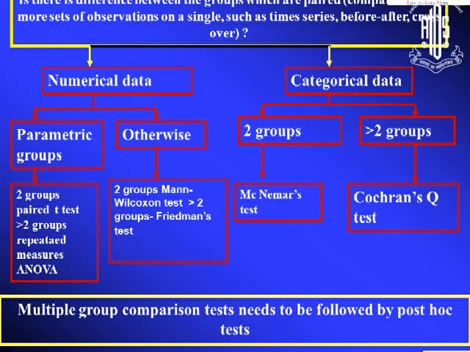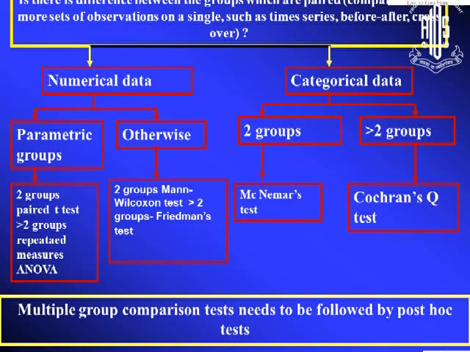It is a comparison of sets of observations on a single subject, such as time series, before-after, crossover. Suppose I don't want to compare two medicines, but just see the effect of one medicine on intraocular pressure. In this population, again I will choose a sample of 10 and take the intraocular pressure, then give the medicine, and again take readings after whatever time period we decide: 2 hours, 3 hours, 6 hours, 8 hours.